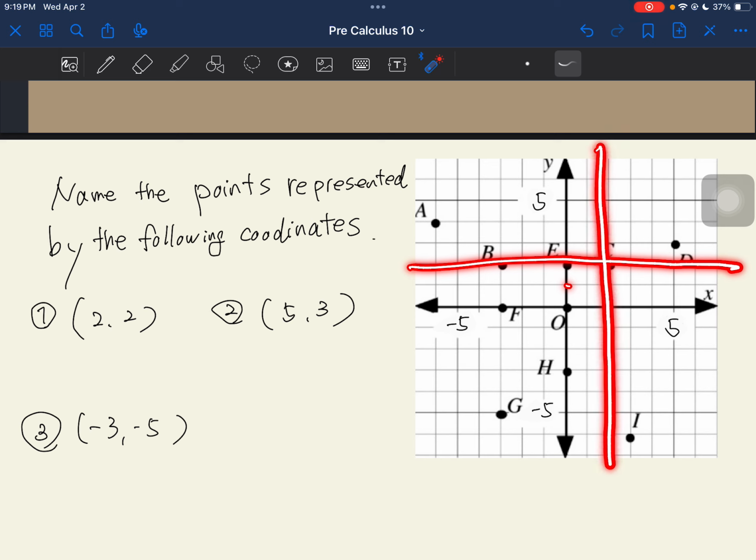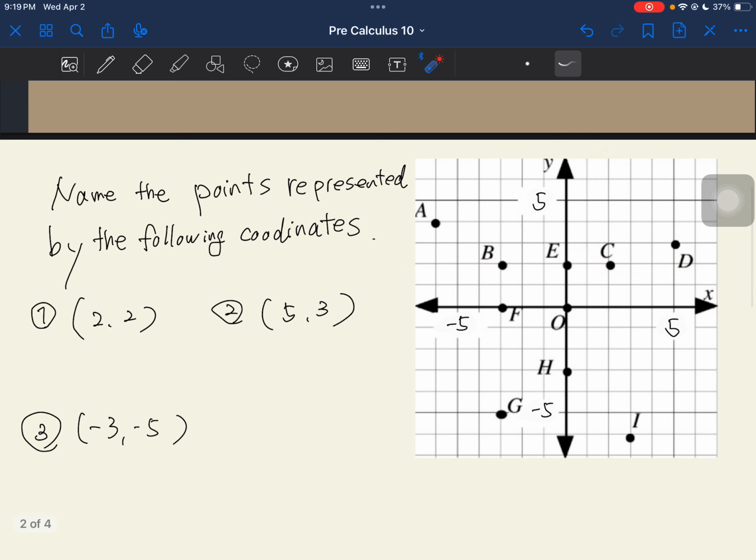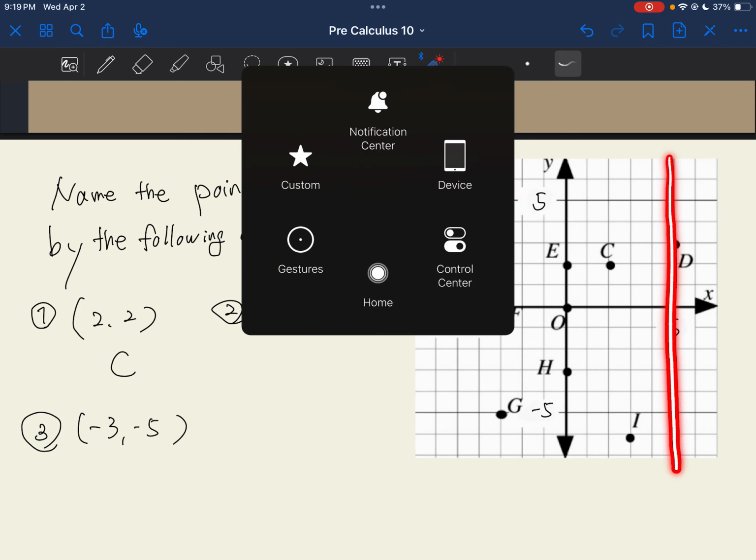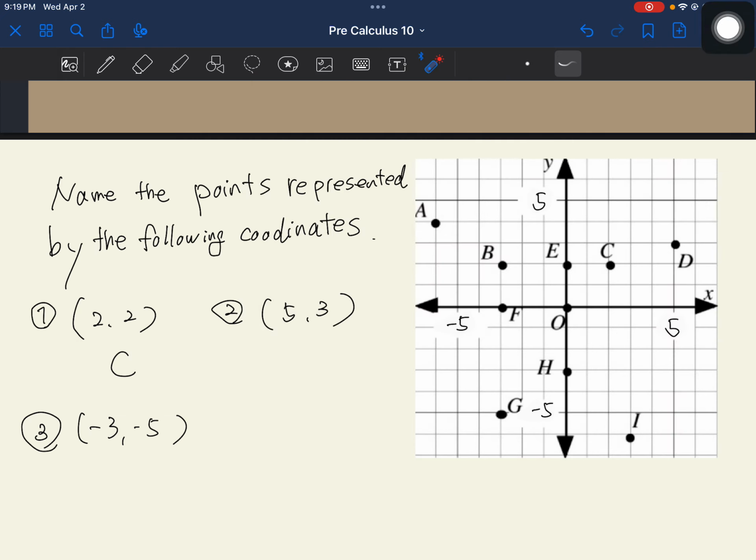So the intersection between these two is C. And number 2, again, left. This means x is equal to 5, which is here. And this one means y is equal to 3. So the intersection is D.